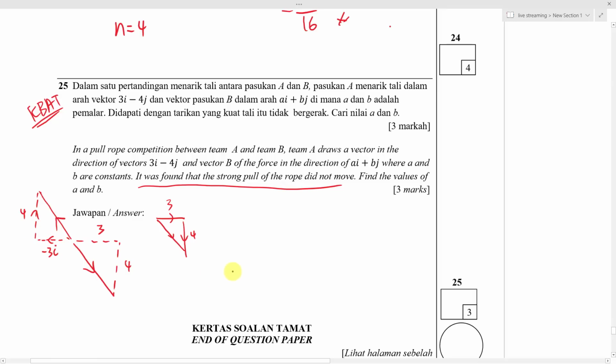So therefore, this one for team B must be negative 3i plus 4j, because going up means 4j. So my A must be negative 3 and my B should be 4.